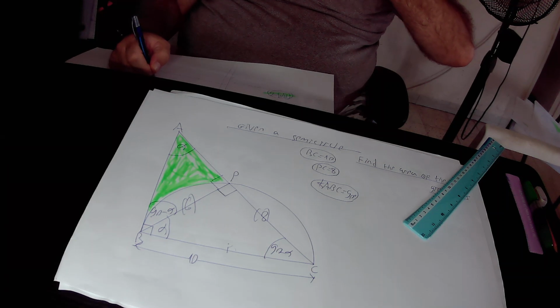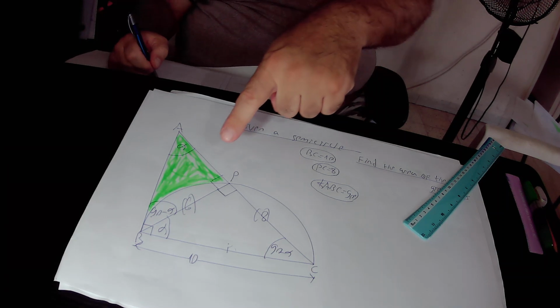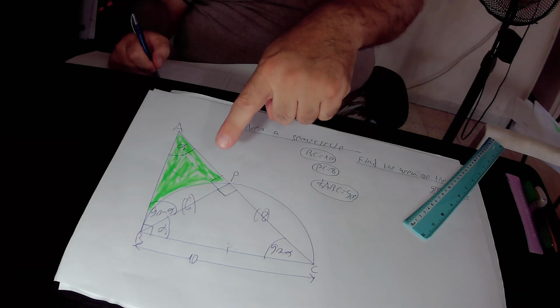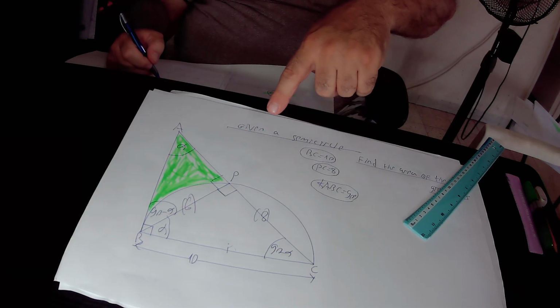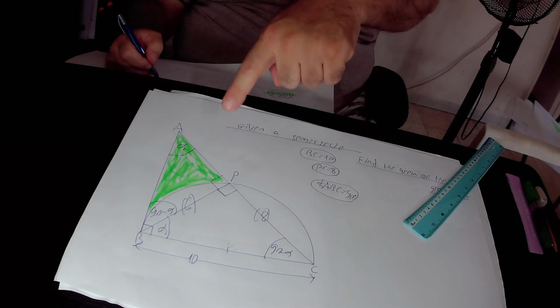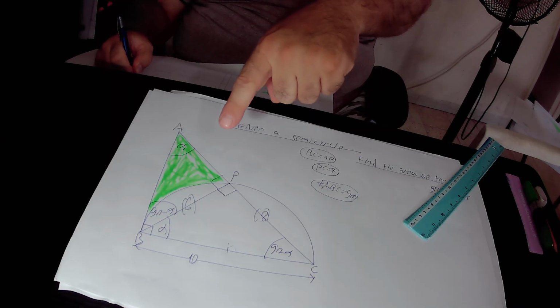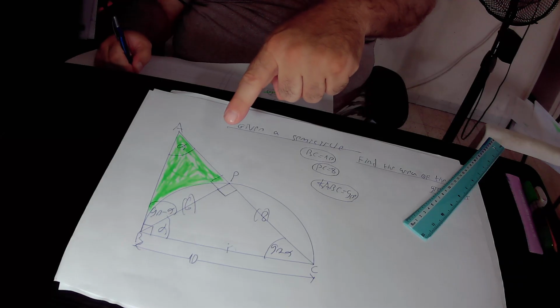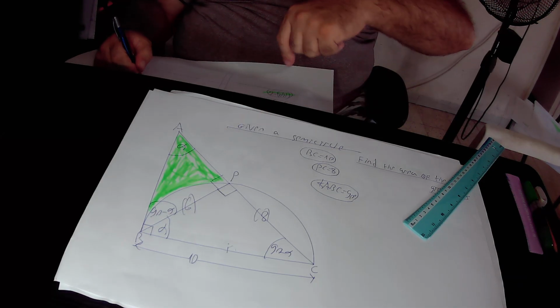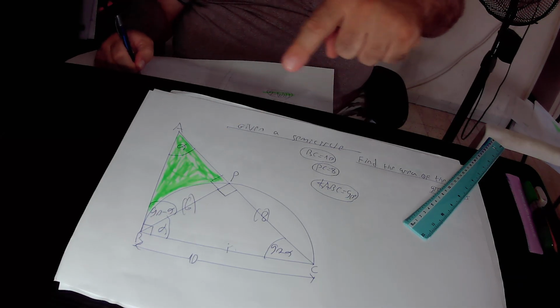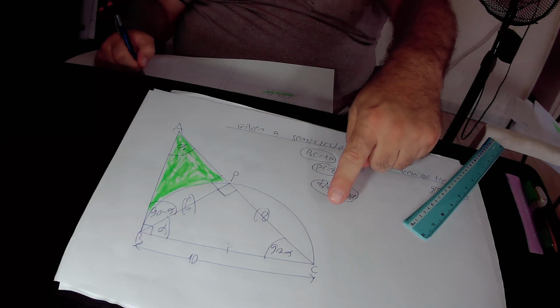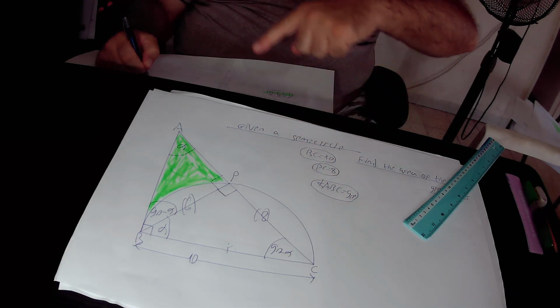And also side PB, actually side PB is the common side that belongs to both triangles. So side PB of the right triangle APB is equal to side PB of the right triangle BPC over side PC of the right triangle BPC.